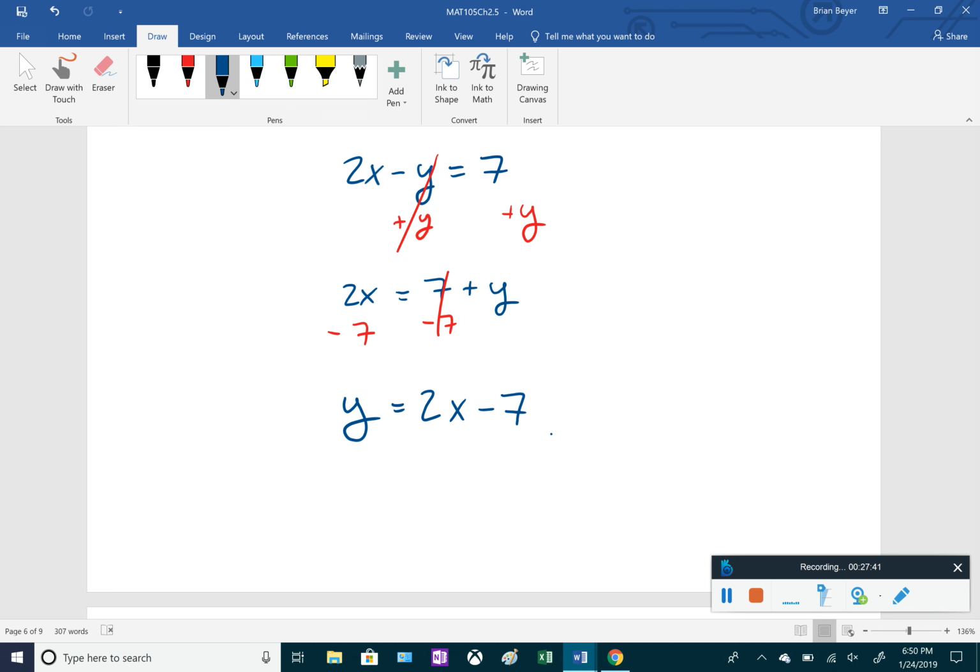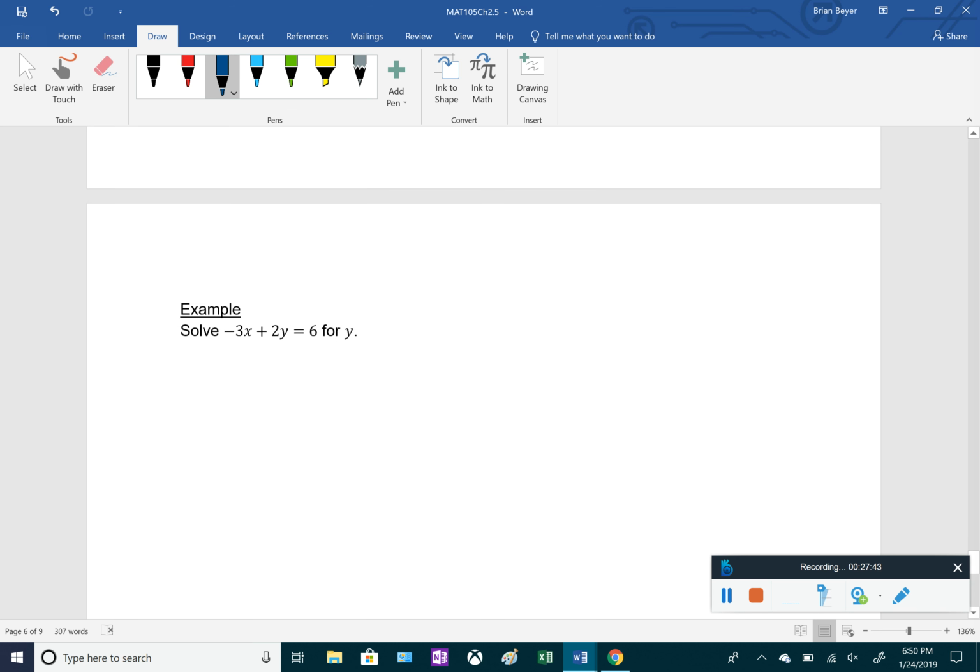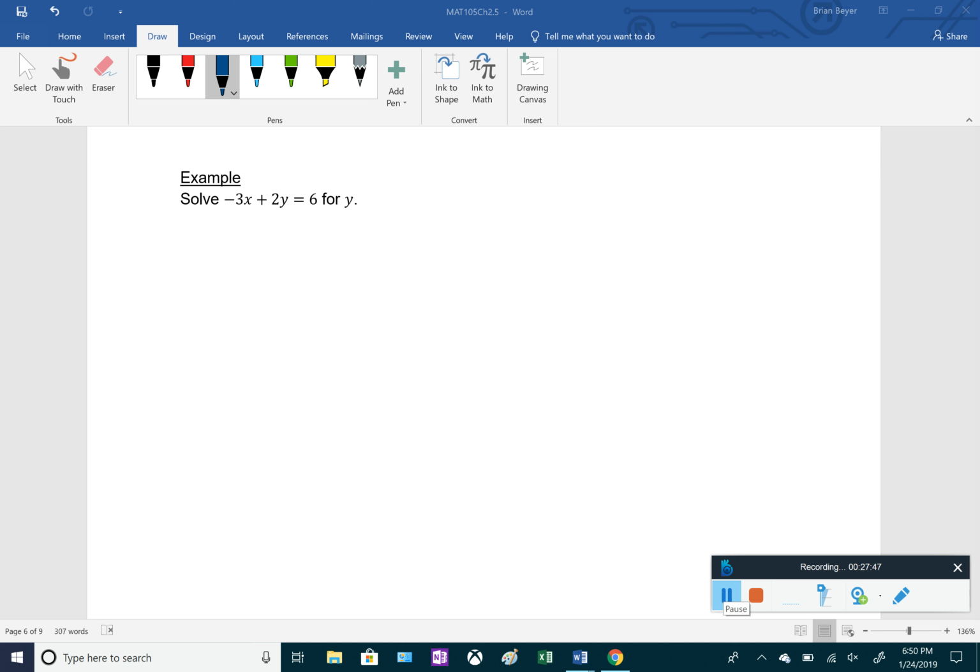So let's do a couple more here. Actually, just one more. So let's solve negative 3x plus 2y equals 6 for y. So negative 3x plus 2y equals 6.